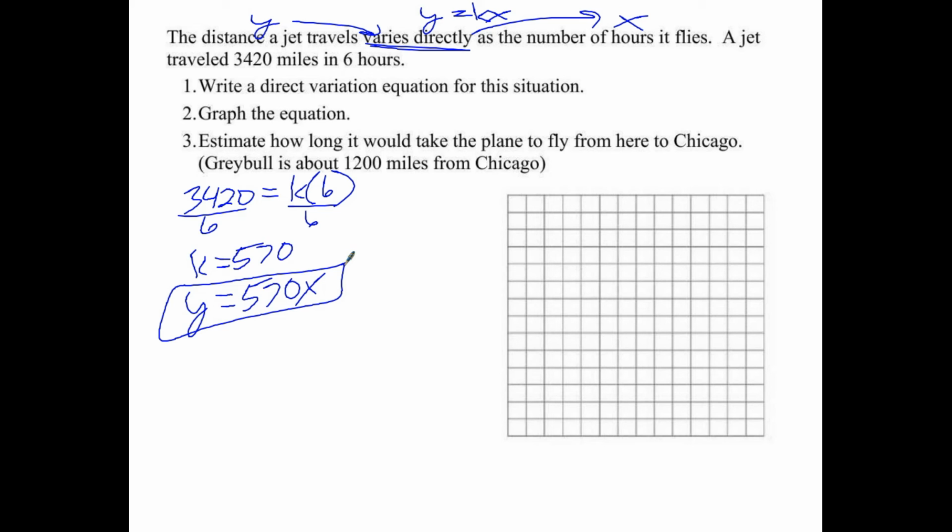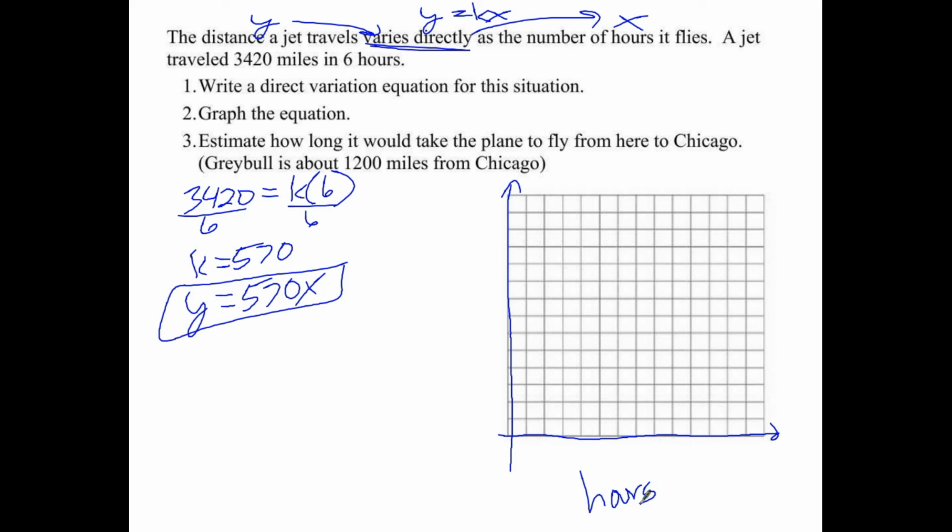Origin goes where? Origin is always 0, 0, but it goes in the lower left-hand corner. I know what you meant. We have no negative numbers here. What is on the horizontal axis? X is, but what is that variable? Yeah, hours flown.